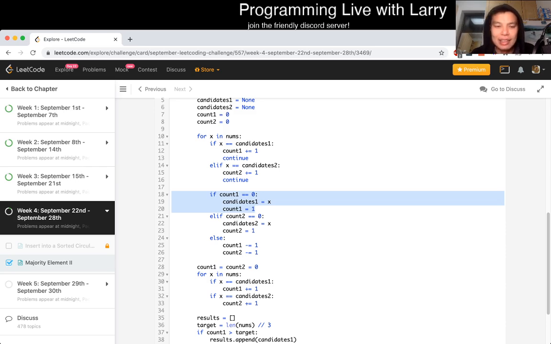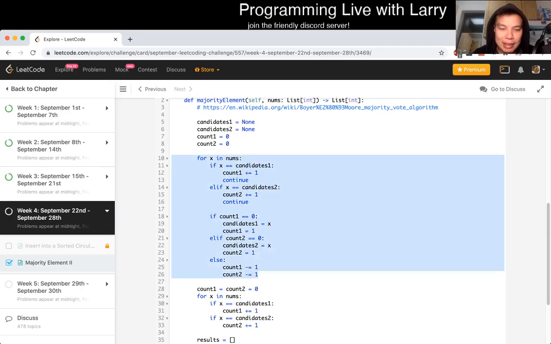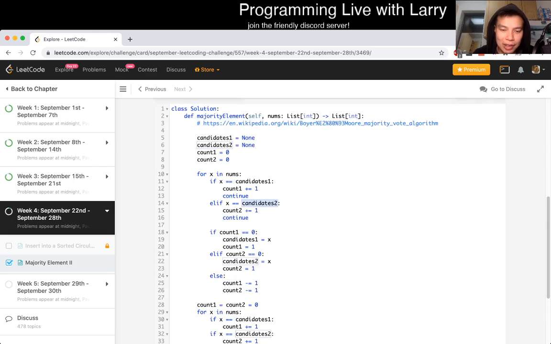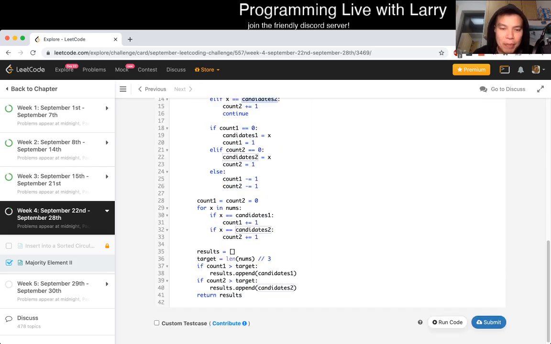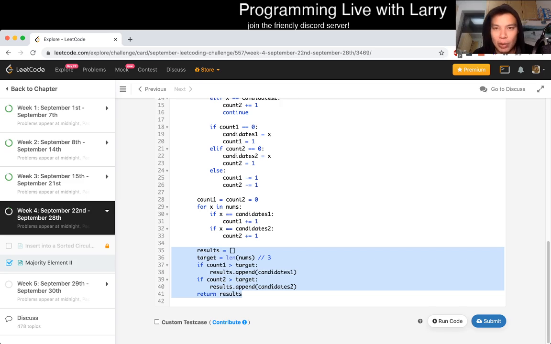From that, you get the only invariant that you need to solve this problem, and that's how you have the candidates. At the end of this, you would have candidate 1 and 2 in the variables, and then you have to do a final loop because you have to assume that they exist, and then you just check that it reaches 1/3.